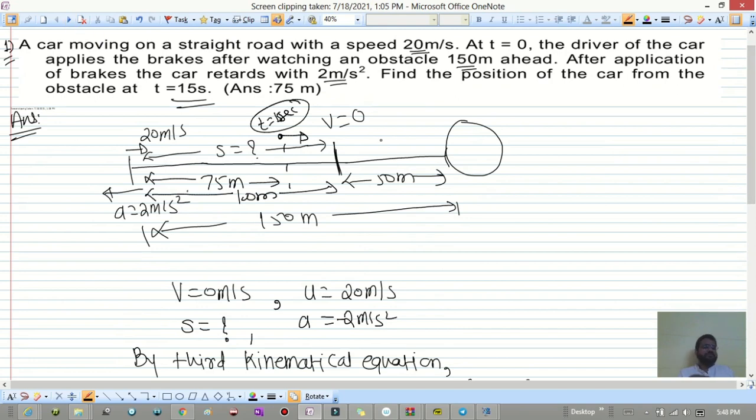And one more thing: they told you to find the position of the car at t equals 15 seconds, right? Yes, in the question they have asked at t equals 15 seconds, but you can calculate at what time the velocity of the car is 0. So in this, I'll give one or two questions. First question is, at what time is the velocity of the car 0?